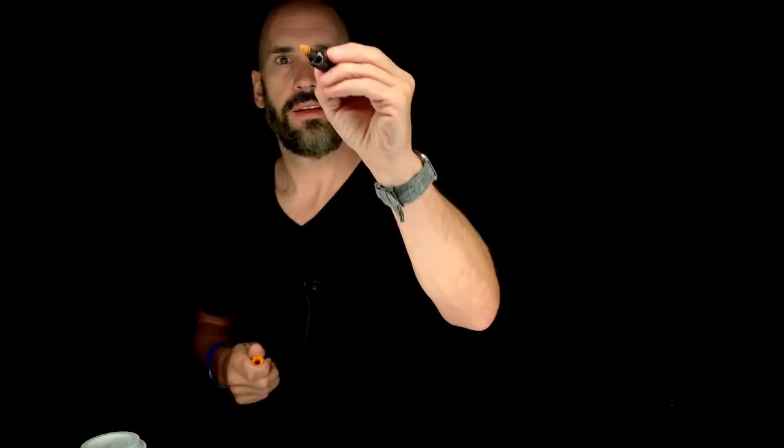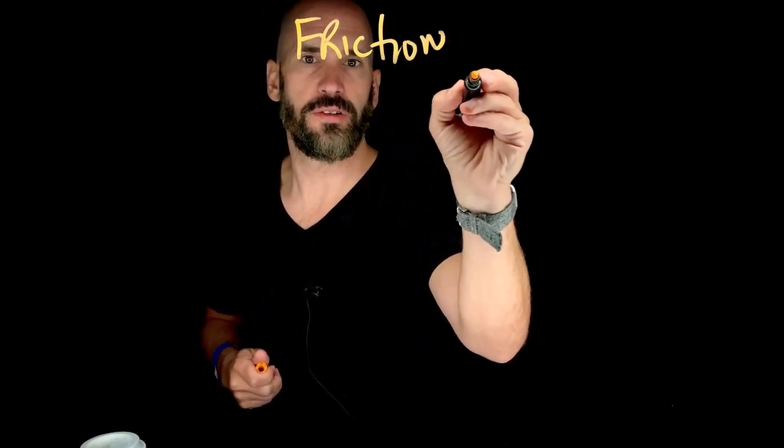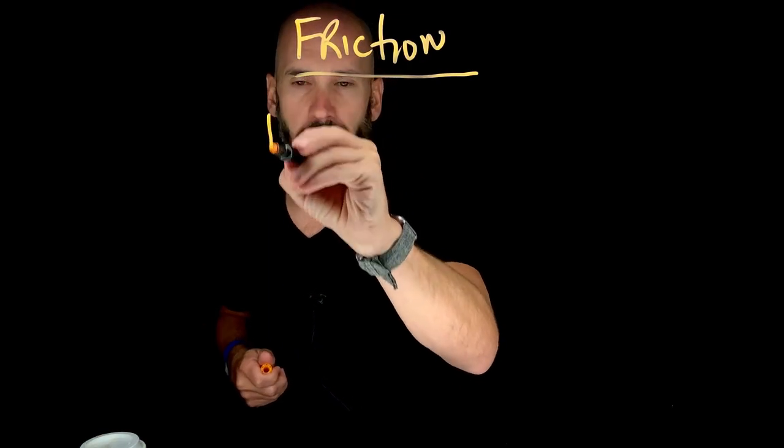Well, in order to understand this, you have to take a closer look at what surfaces look like at a very microscopic level, okay? So in our exploration of friction, we're going to look at two surfaces, and zoom in with a microscope.